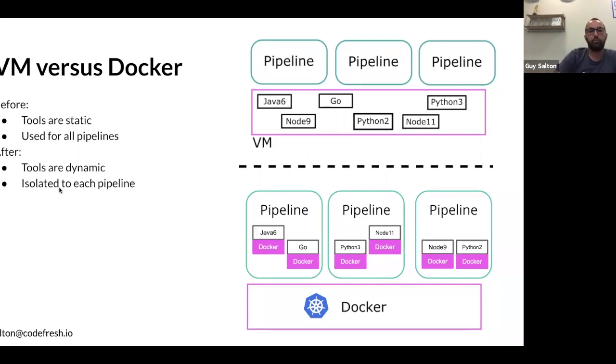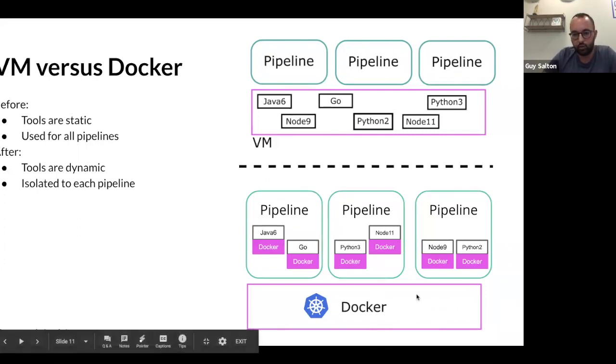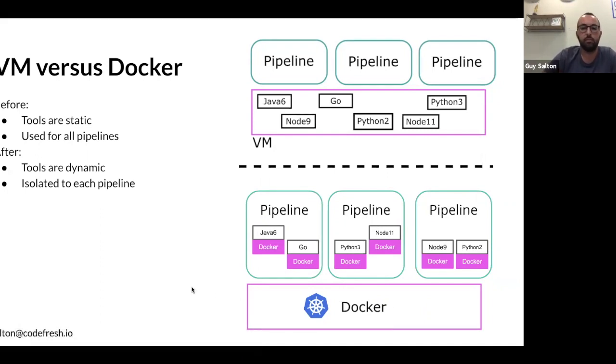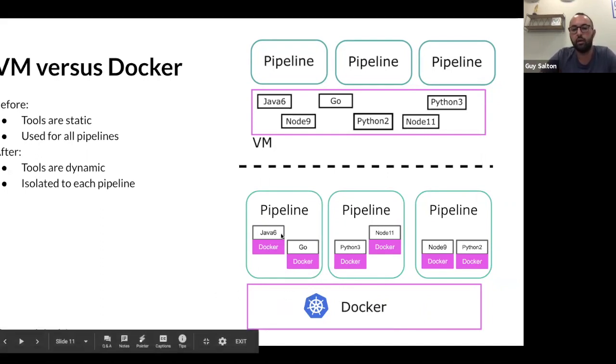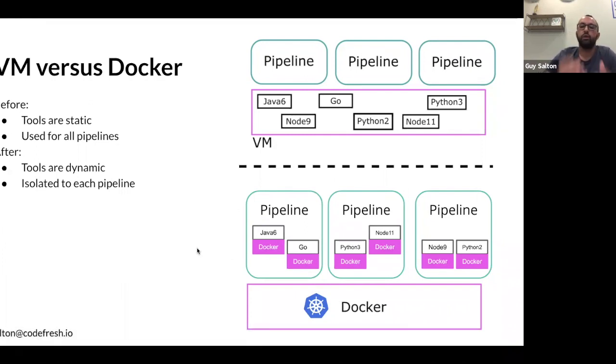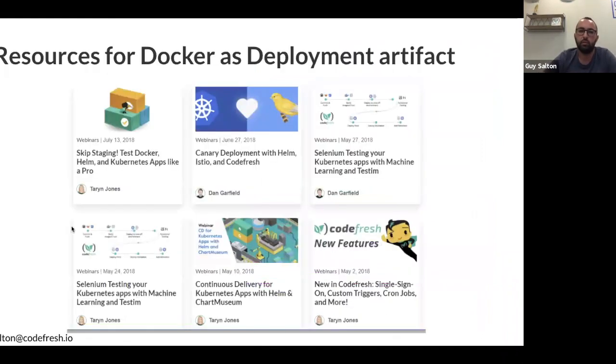After that, with Docker-based pipelines, the tools are dynamic. So behind the scenes, only Docker is installed. Nothing needs to be pre-installed on some host, on some build slave before. And then each pipeline brings the tools that it needs packaged in Docker images. So again, this is the main topic of today's webinar.